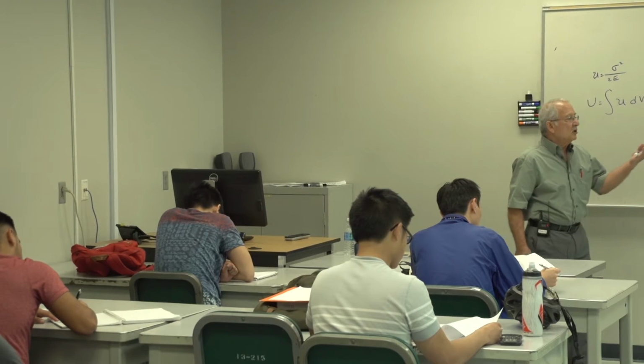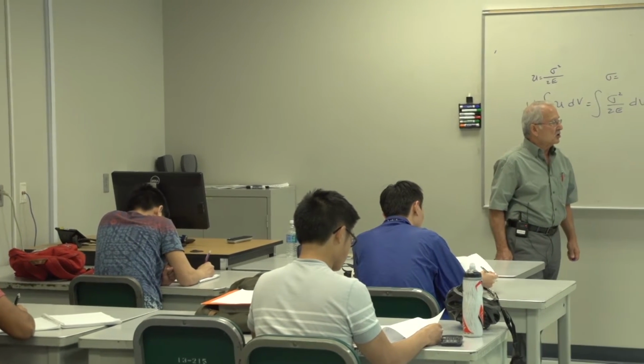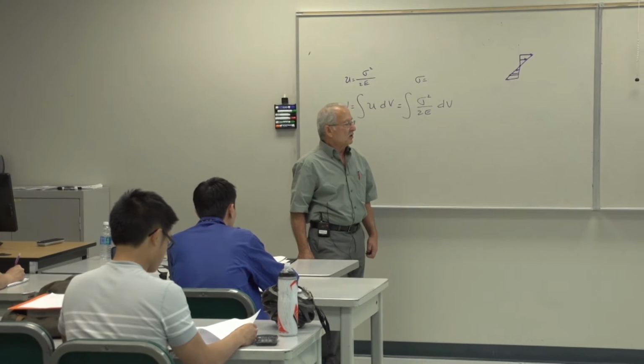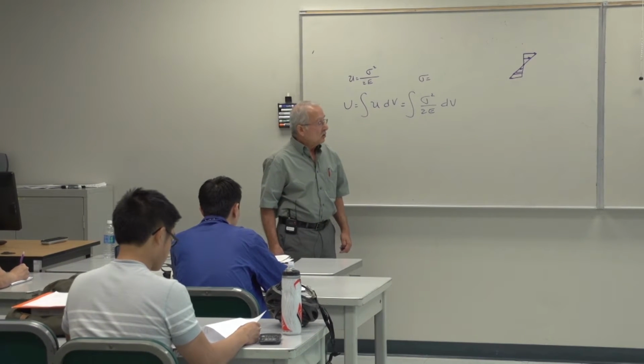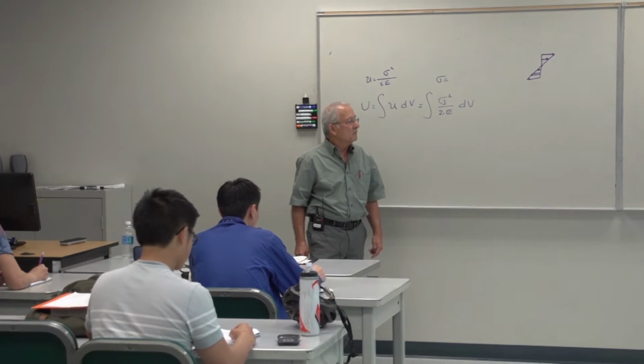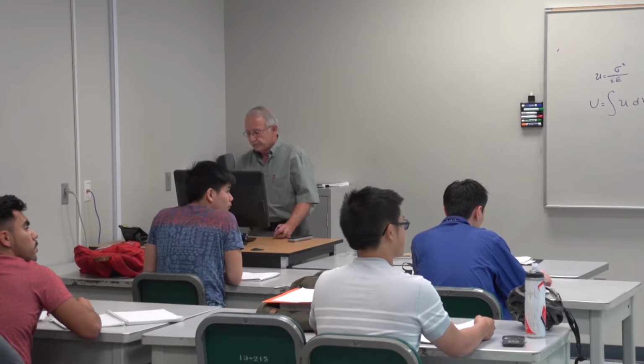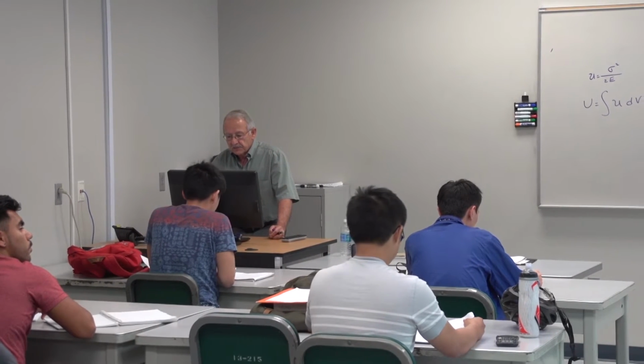And as we will see, all of these equations for the strain energy are very, very similar to one another, and you can deduce one from the other. Any questions? Okay. The next case.